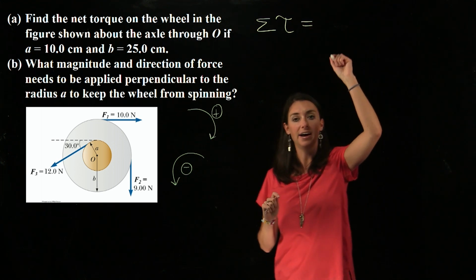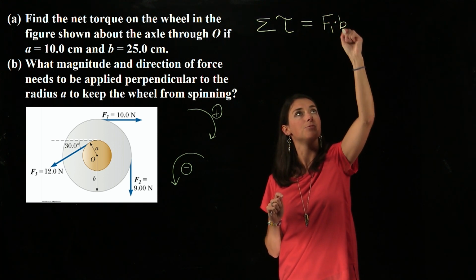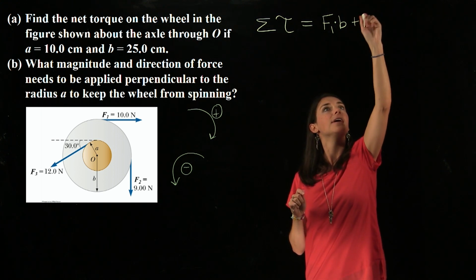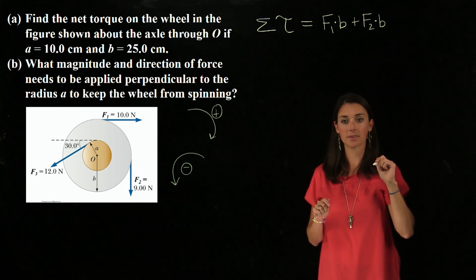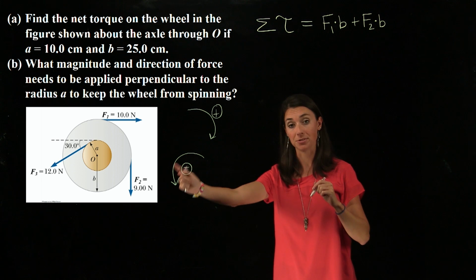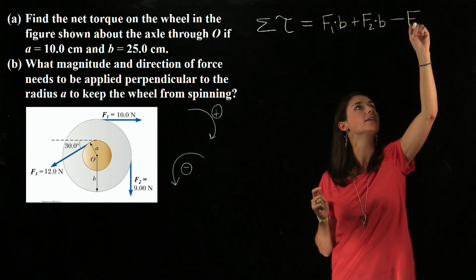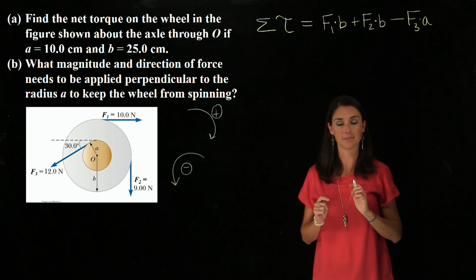So we would have F1 times its radius, which is B. I'm going to write it out in variable form. F2 also times B. And then since F3 is going in the opposite direction, it wants to pull in the counterclockwise direction, we have F3 times A. All right.